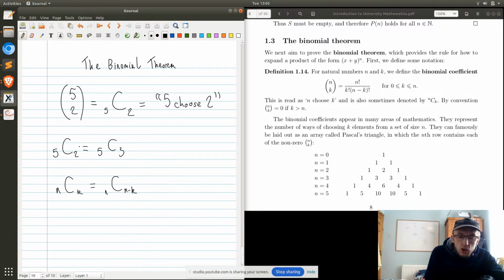The number of ways to choose 2 things from 5 is the same as the number of ways to not choose 2 things from 5, which is the same as choosing 3 things. How many ways can you stick up 2 digits is the same as how many ways can you put down 3 digits. It's the same question, but upside down.